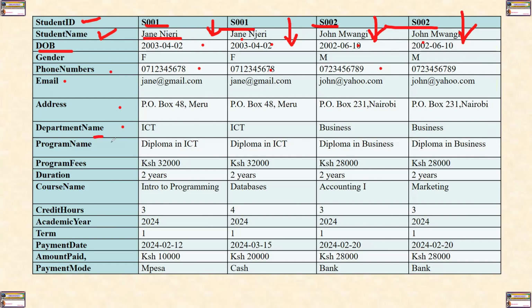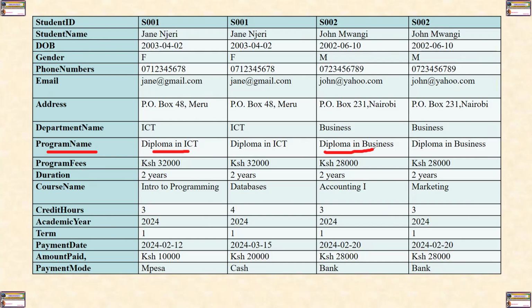Now look at this. This is the data which was put together. This data had been lumped together in the normalized table that we have already looked at. But now, in the first normal form, we have split that information. So the program name has been made standalone. The program name for Jerry is Diploma in ICT, and for Mwangi is Diploma in Business.